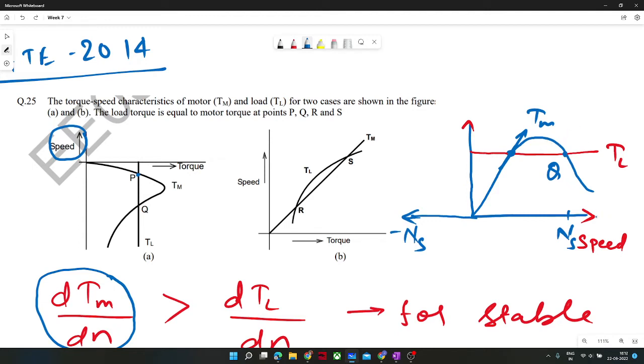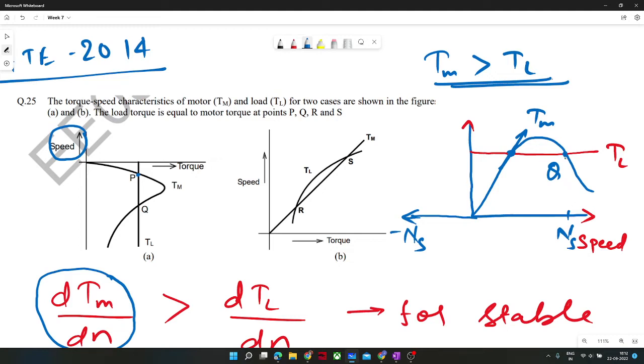So I am assuming that the speed is in this direction, the x-axis is the speed axis, and motor torque is increasing and trying to approach the load torque. If motor torque is greater than load torque, then the system is in acceleration mode, or the load angle will increase.